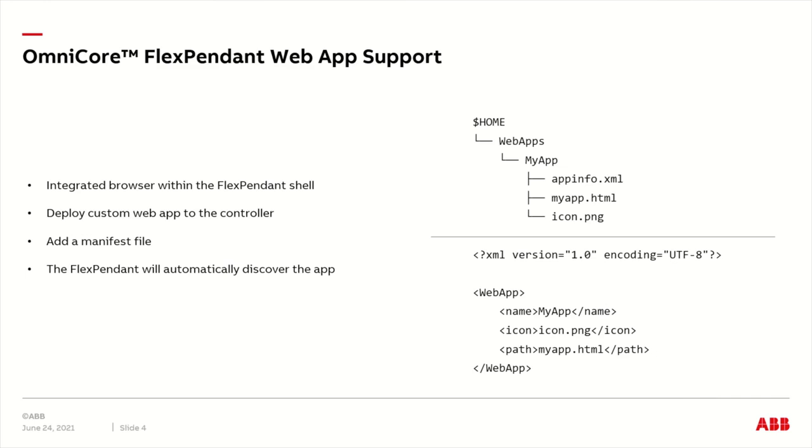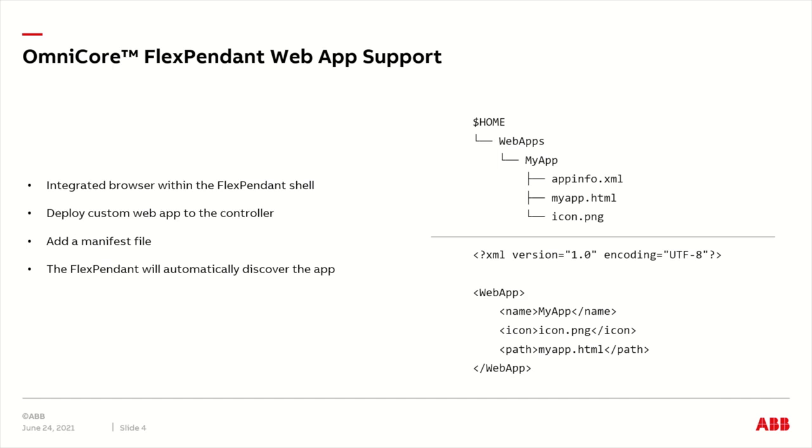The OmniCore Flex Pendant allows users to run custom web apps integrated as part of the Flex Pendant shell. Such apps are developed using standard web technologies such as HTML, CSS, and JavaScript. Simply deploy the web app under Home on the controller file system, as shown to the upper right.